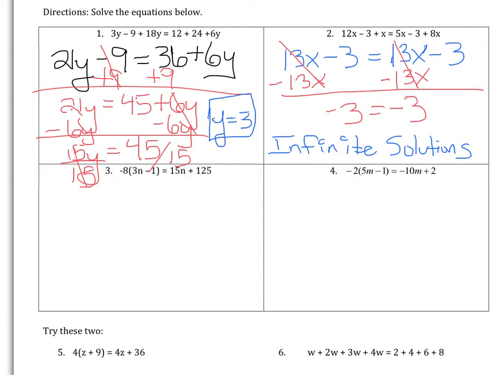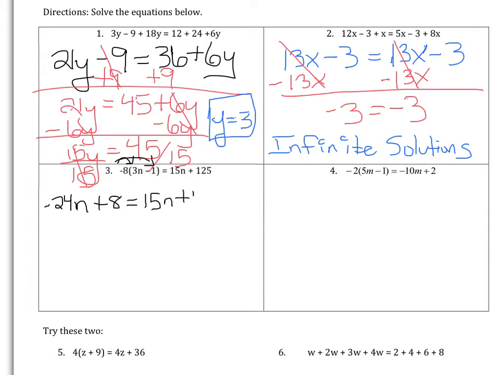Number 3. To solve number 3, the very first thing I'm going to do is distribute. So I'm going to distribute the negative 8 into parentheses. Negative 8 times 3 is negative 24. Negative 8 times negative 1 is a positive 8. Negative times a negative equals a positive.